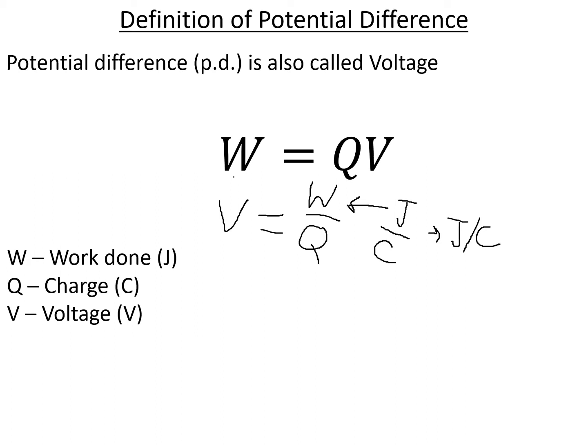Okay, now you've seen this before because we've actually done this with speed, distance, and time. Here's the equation. It's distance over time. So if we replace the symbols with the units, distance is measured in meters, time is measured in seconds.